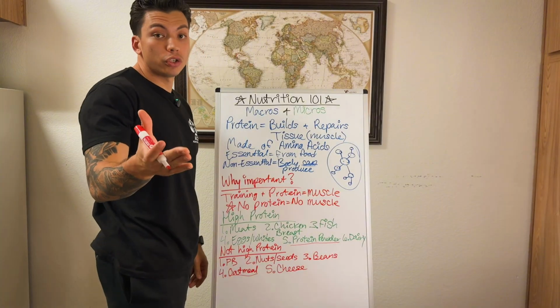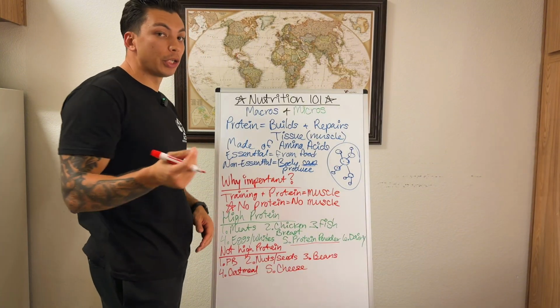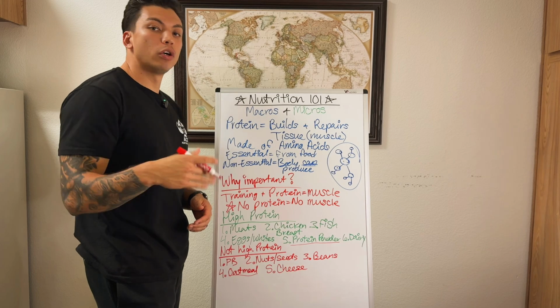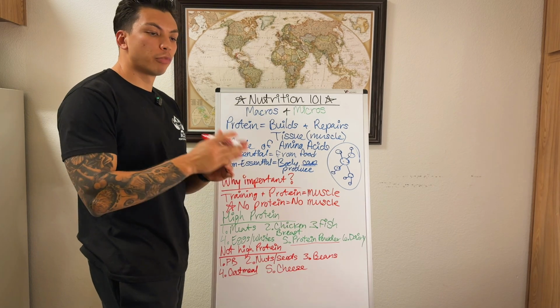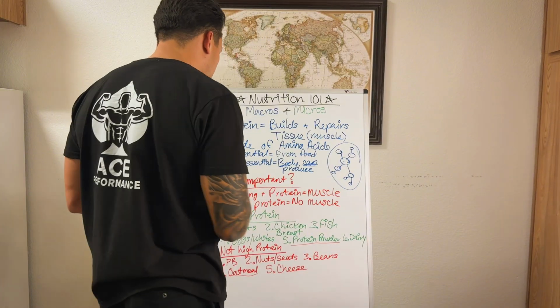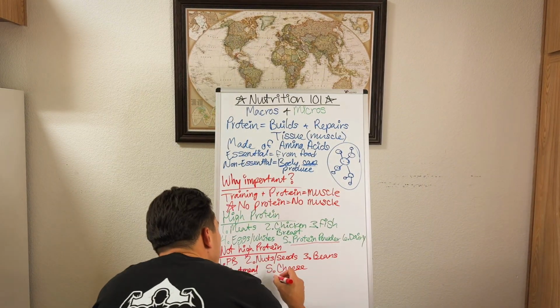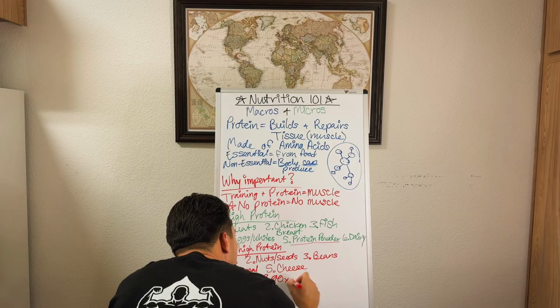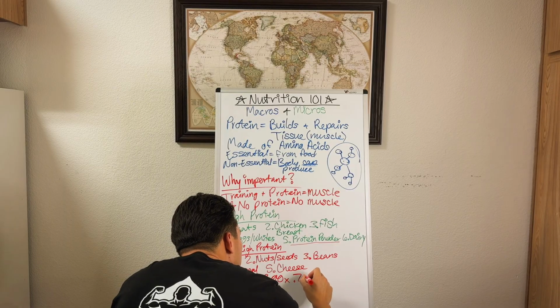How much protein should you be eating? Okay, the bare minimum that you need to be eating to build, repair, and maintain your muscle is going to be 0.7 grams per pound of body weight, per pound of goal body weight. So let's say you are 200 pounds, right? So multiply that by 0.7.